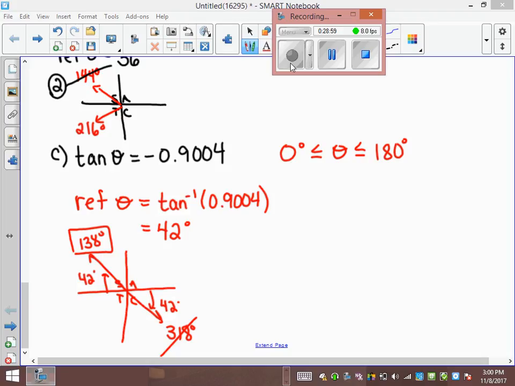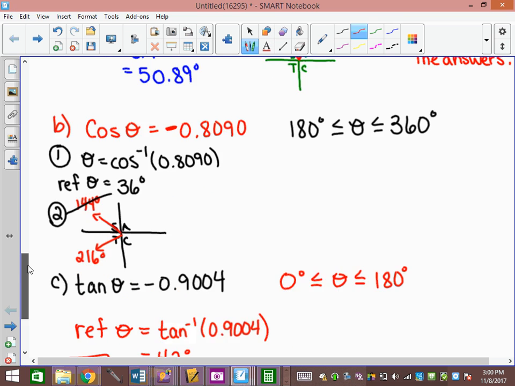For this, but not for sine law and cosine law. But for this, yes. Unless I ask for the nearest tenth or something, then you'd have to do what I asked for. Okay.